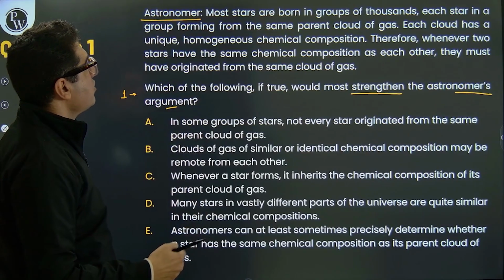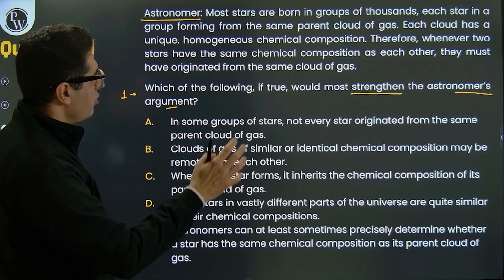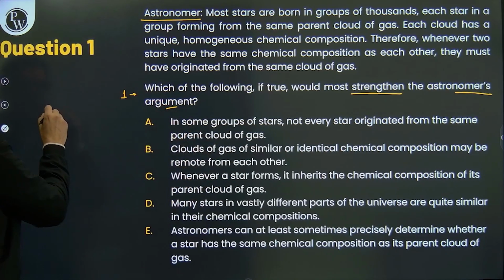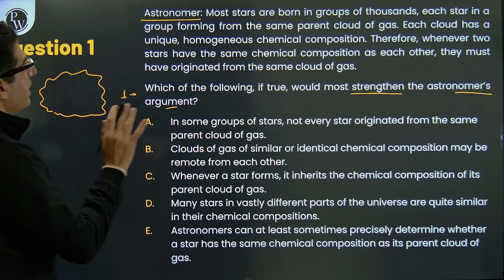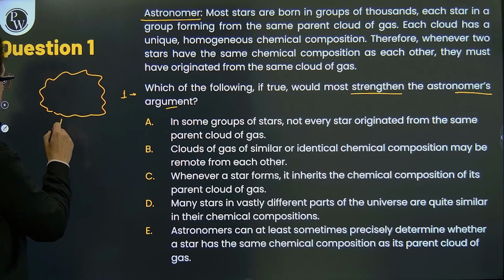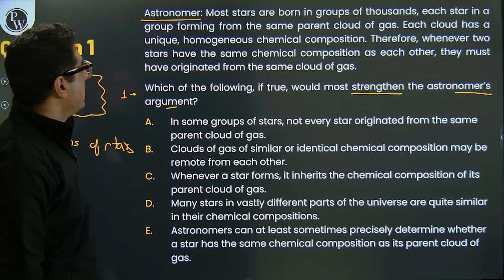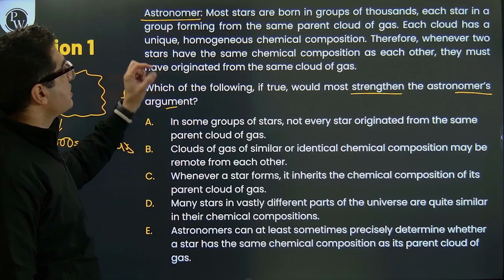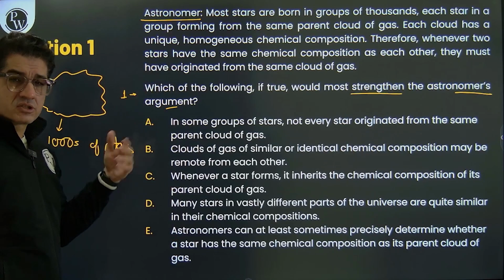Most stars are born in groups of thousands, each star in a group forming from the same parent cloud of gas. So we have this cloud or this nebula of gas. Now this gaseous cloud gives birth to thousands of stars. Now, each cloud has a unique homogeneous chemical composition. So, this cloud consists of some gases.